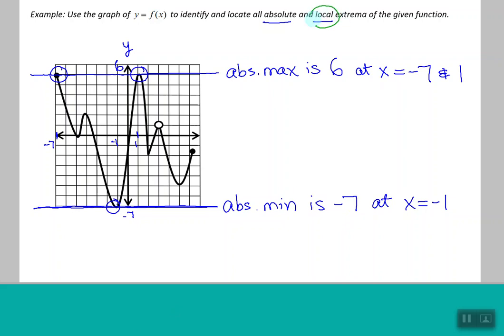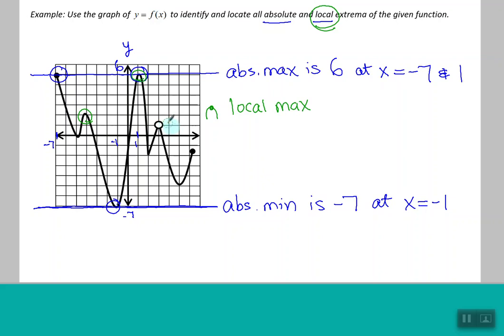That's the location, but the minimum value is -7. Now let's look for local maximum values. I'm looking for tops of hills. Where do I see some? I see a top of a hill here. I see a top of a hill here. I see a top of a hill here, but that's a hole, which means the function value doesn't exist there.